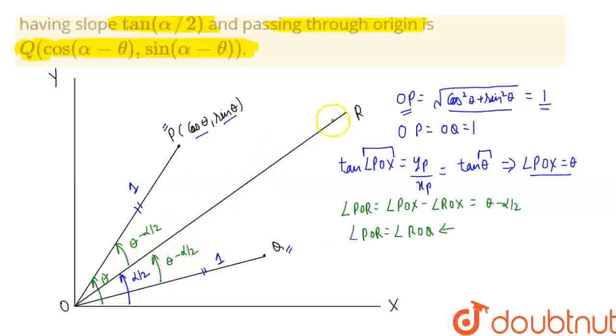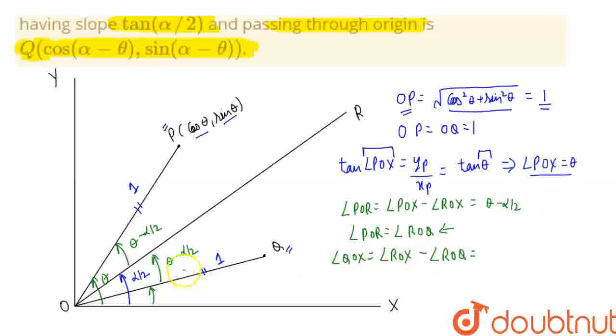Now since we know this angle theta minus alpha by 2 and we know this complete angle alpha by 2, so we can compute the angle QOX, that is this angle. So now we compute this angle. So this angle QOX would come out to be the complete angle ROX minus this angle ROQ.